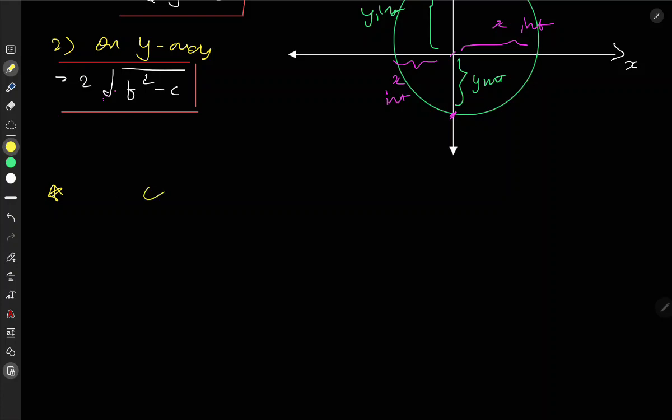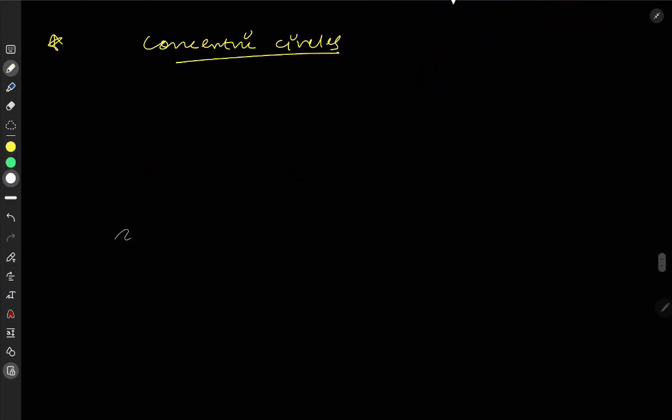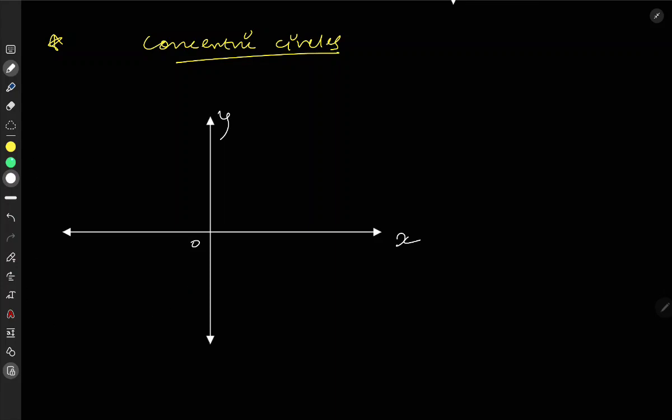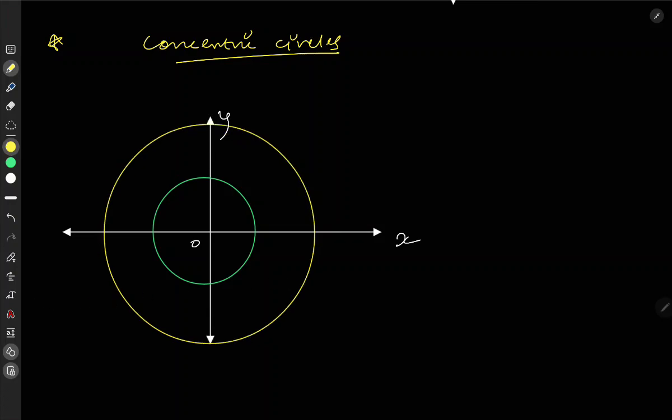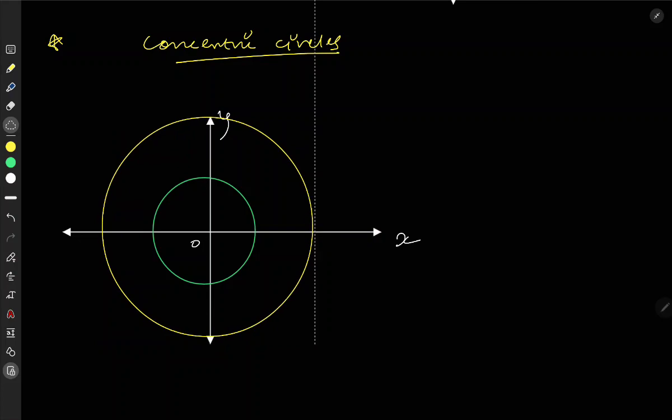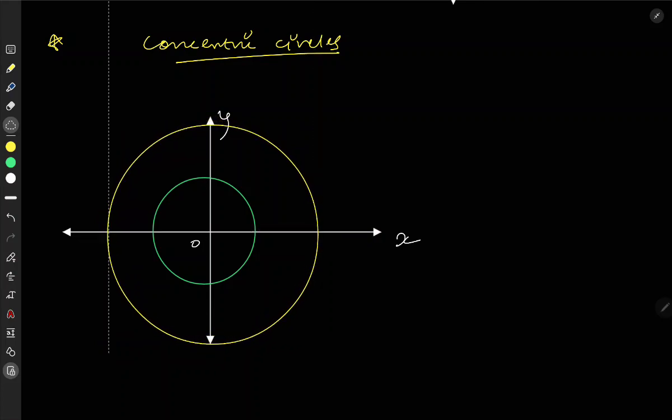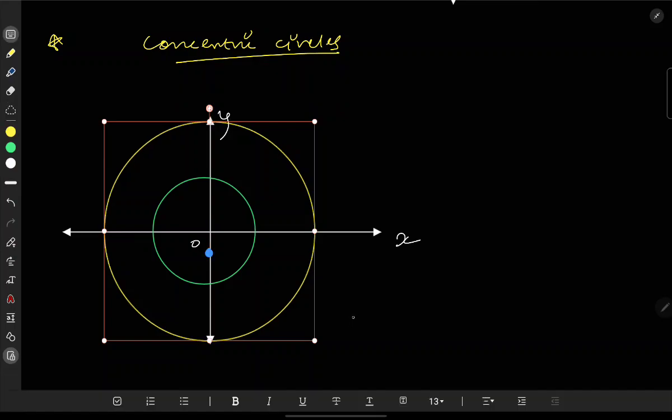Okay, now let us move further. Let us discuss a bit about concentric circles. What are concentric circles? This is the first question. So again, let us go to the graphs and understand graphically what concentric circles mean. This is the x-axis, this is the y-axis, and this is the origin. Let this be the first circle, and let this be another circle.